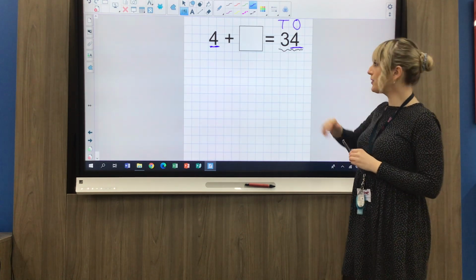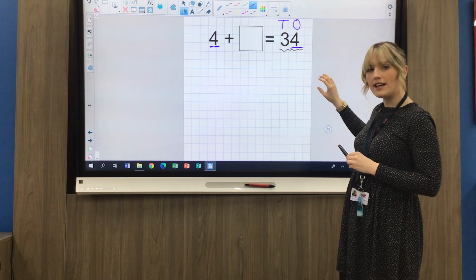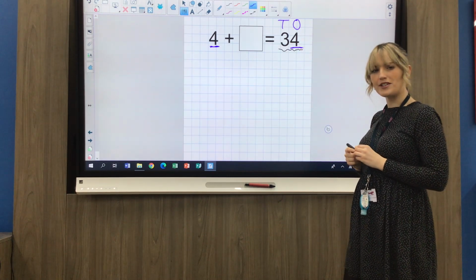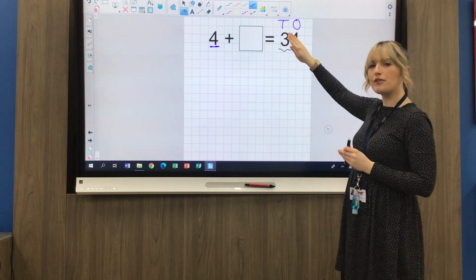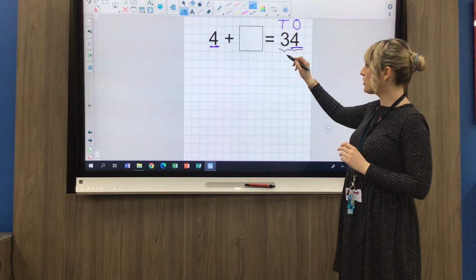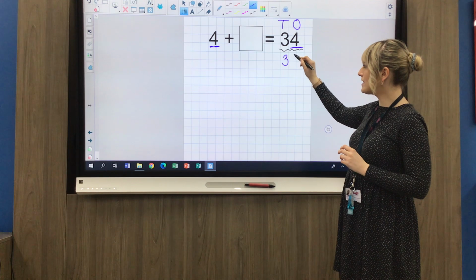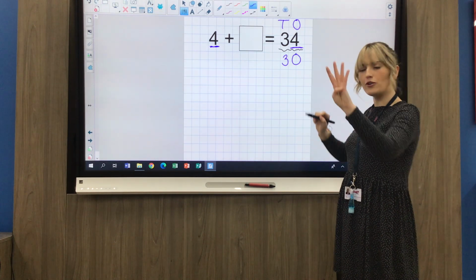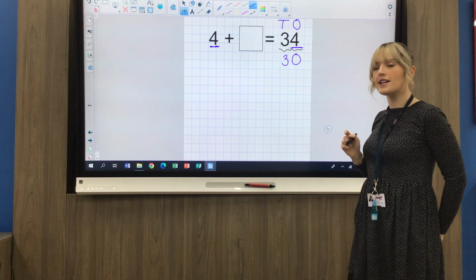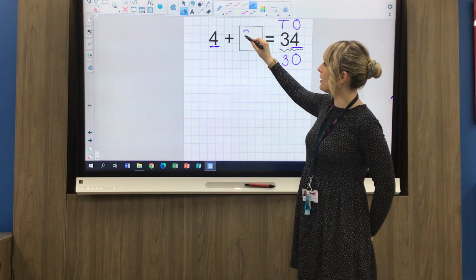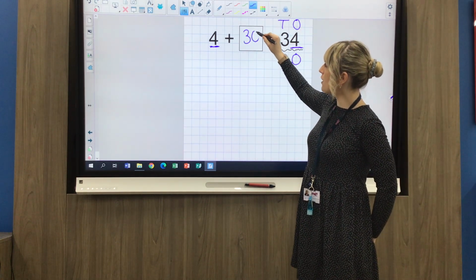So if we had 34 and we took the 4 away, we'd just have a 0 in the ones, wouldn't we? 4 take away 4 is 0, and it would be 30. So our missing number would be 30.